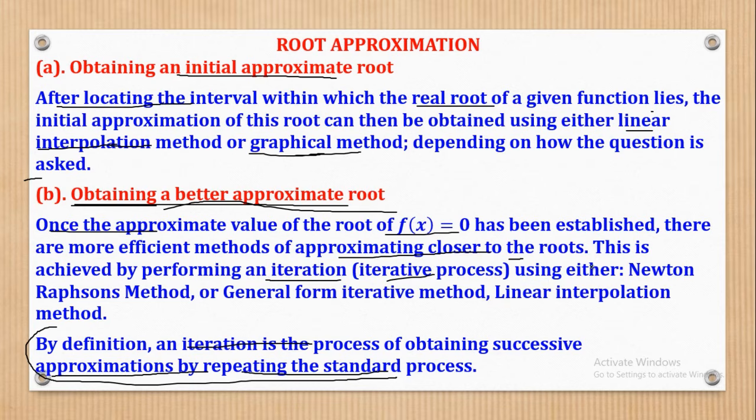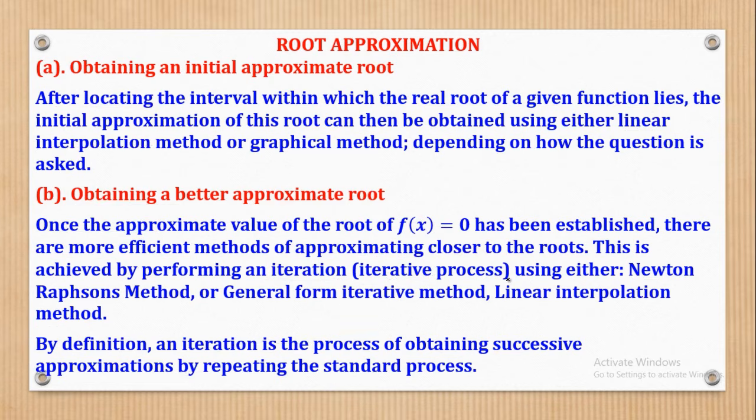We perform an iteration either by the Newton-Raphson method, or by the general form iterative method, or by linear interpolation. I think you realize that linear interpolation can be used to get the initial approximation of the root, and can also be used to get a better approximation of the root.